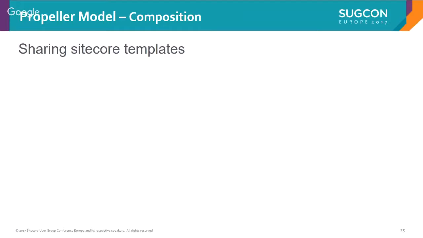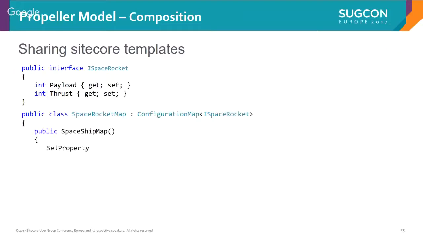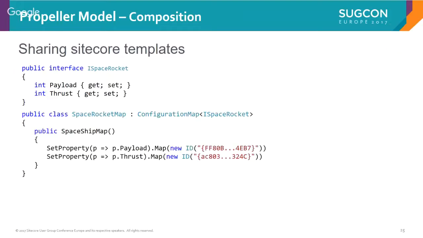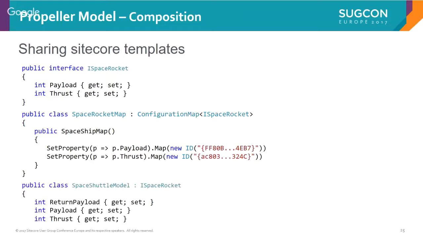So one way to get around this was to actually specify shared templates as interfaces, where you can define the properties, and then we can map the interface just as we would map a class, and then we can just implement this interface on a given model, and then we'll automatically get these shared values into the model.